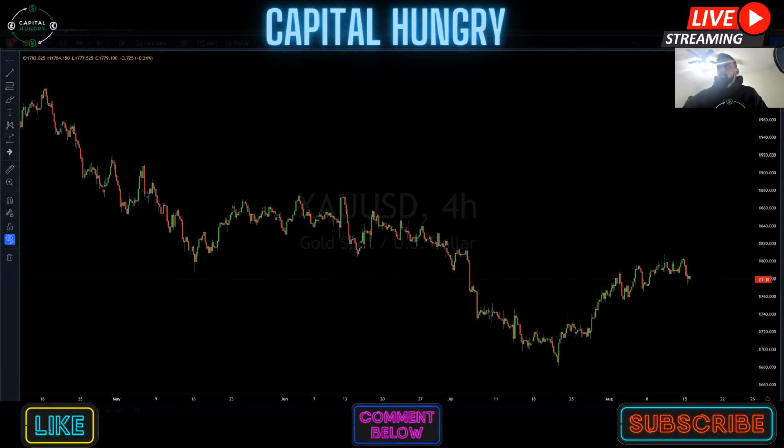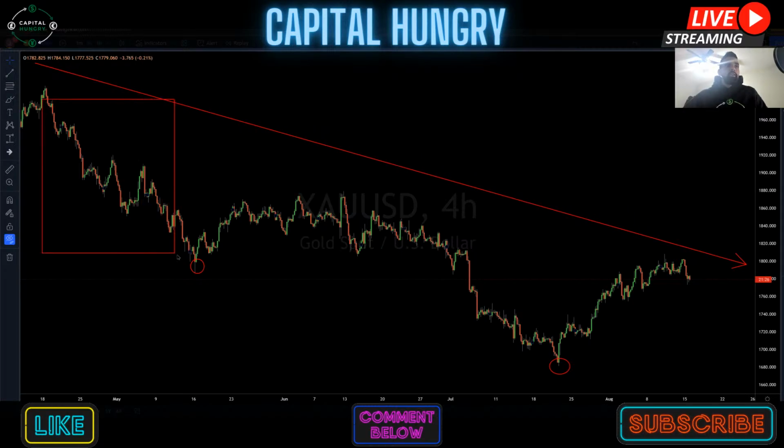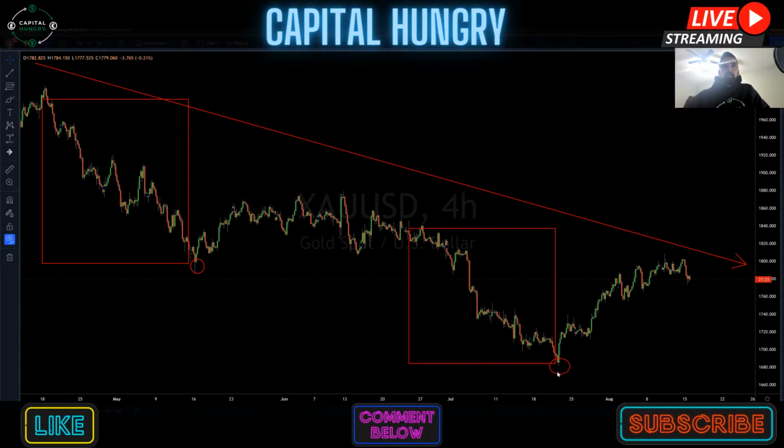Let's look at this. So, sellers print consecutive lower lows. Overall bearish market structure on the higher time frames. Sellers have a very aggressive run to the downside, and as you have billions of dollars being made in the market there, you have sellers liquidate positions at very key price points of interest, this being that 1680s demand zone.